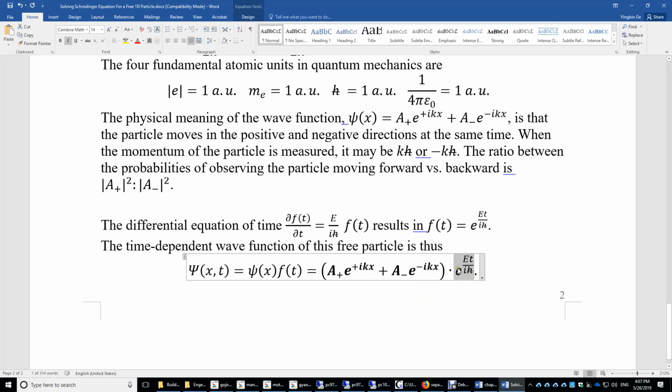It's an exponential function of the energy multiplied by time divided by i h bar. It also tells you that in future there's a second form of the Heisenberg uncertainty principle, which is the uncertainty of energy times the uncertainty of time is greater than or equal to 1/2 of h bar.